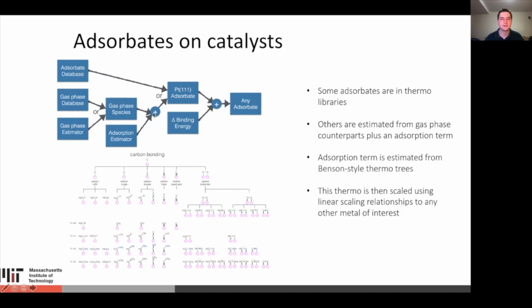And this will give you an estimate of the value on platinum 111, which is what all of the catalyst adsorption is based on. You can also pull information from an adsorbate database, and then the energetics of these adsorbates are corrected based on the delta of the binding energy for the actual metal, which may not be platinum 111, to give you the thermo for any arbitrary adsorbing.